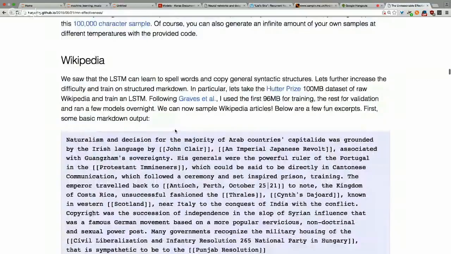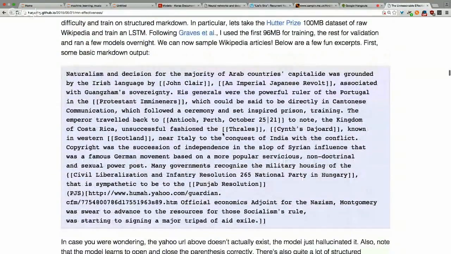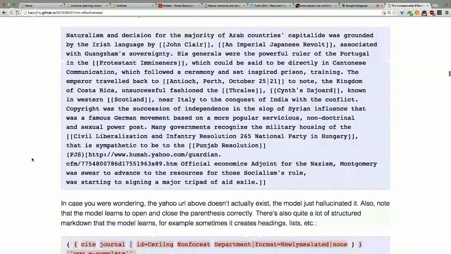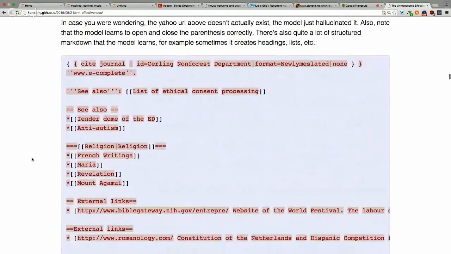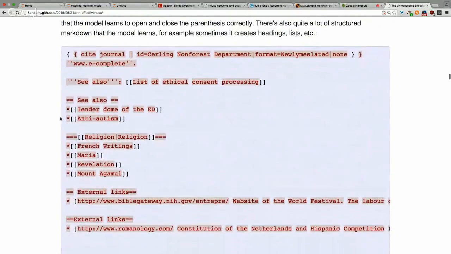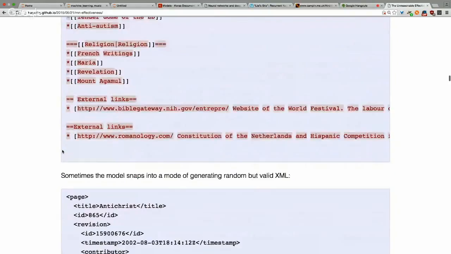You can train it on Wikipedia. And again, that was all English, but here it is, embedding nonsense URLs in things. It's referring to other Wikipedia pages, some of which don't exist. Yes, the Yahoo URL does not really exist, but it creates things like this.